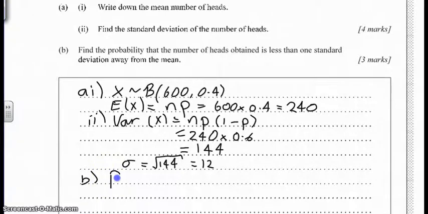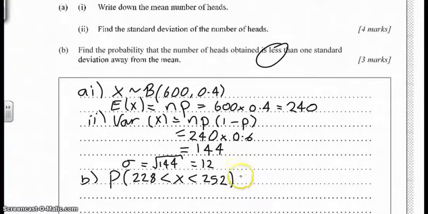So we want to find the probability that X is between, so 228 is less than X, which is less than 252. Now notice these are strictly less than, is less than one standard deviation away from the mean, not less than or equal to. Now when we use the binomial distribution, we always need less than or equal to.